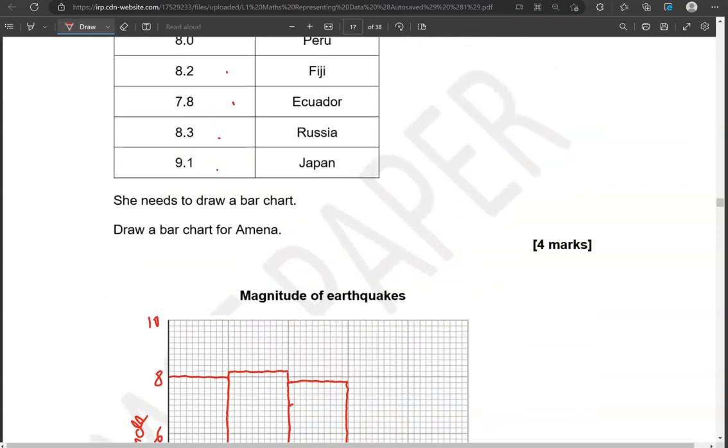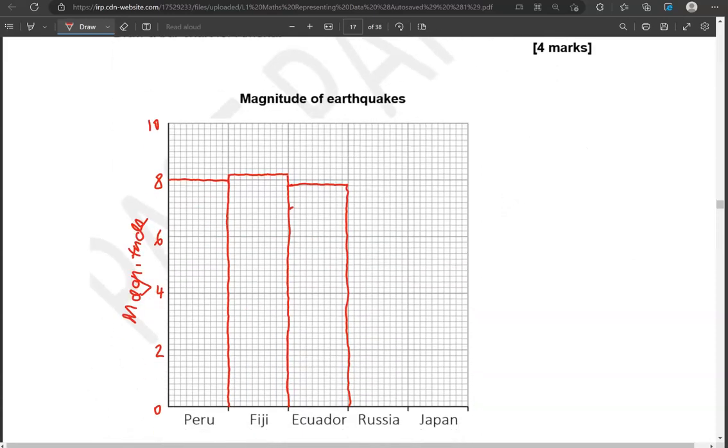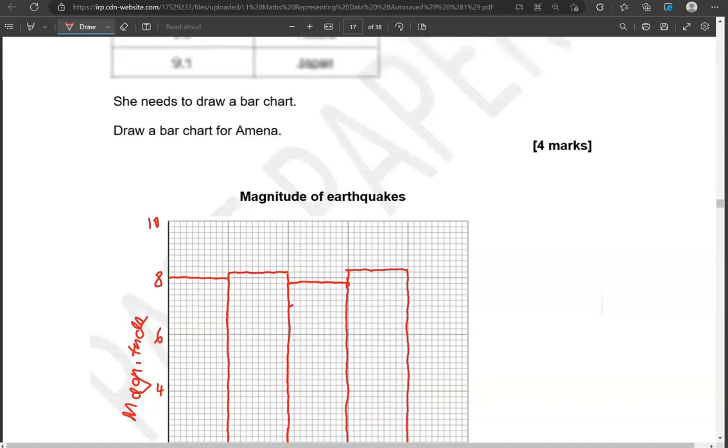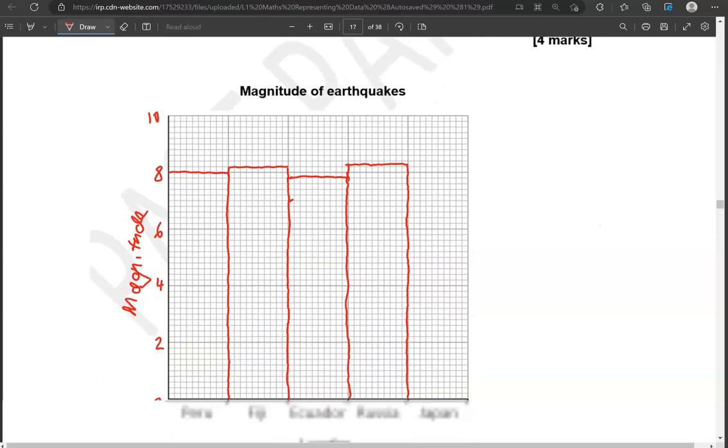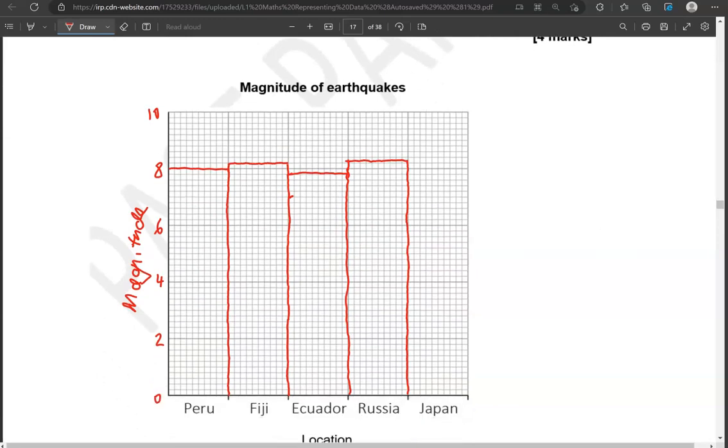Russia 8.3. So there is 8, 8.2, 8.3. And Japan 9.1. So 8.4, 0.6, 0.8, 9, 9.1.